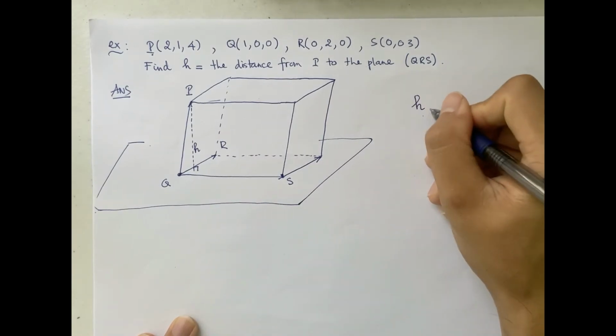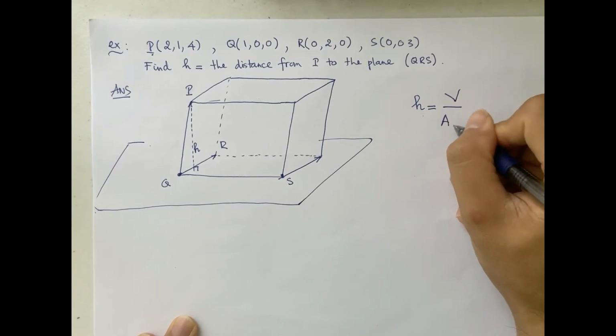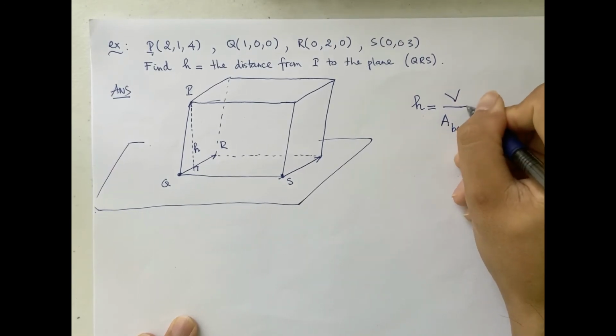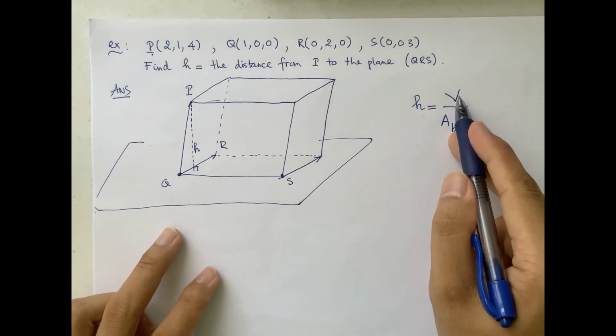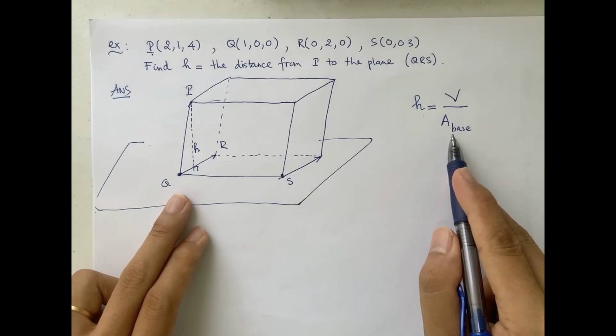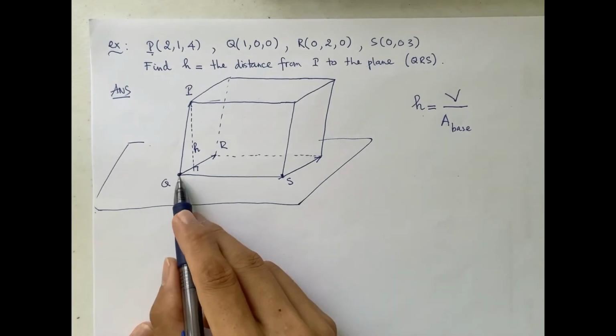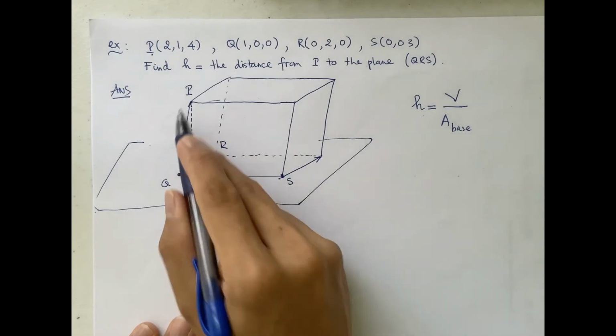So that H is going to be the volume divided by the area of the base. In order to find the volume, we are going to use the triple product. In order to find the base, we are going to use the cross product, right? Anyway, you have to first compute vector QR, QS, and QP.